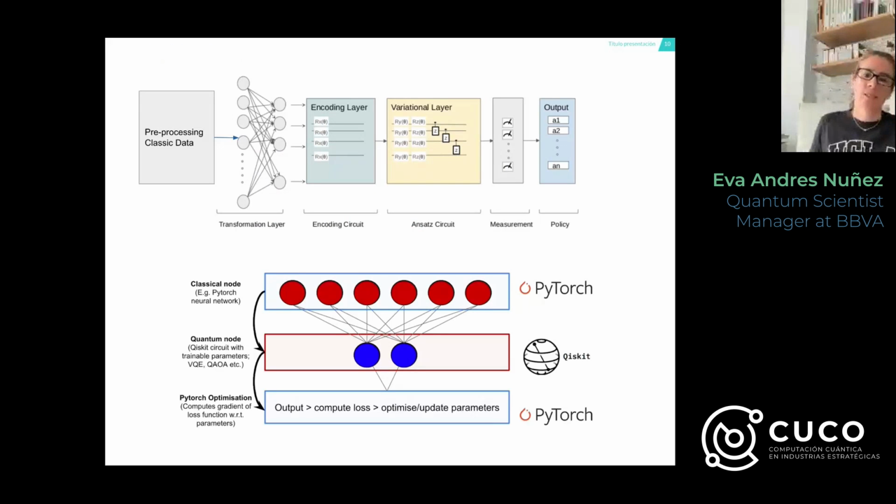Okay. So the next approach includes a classical layer, which could be in Python or in TensorFlow, to do a linear transformation in order to reduce the dimensionality of the problem. For example, in the same problem, we are working with 20 features and we feel more comfortable using 10 qubits instead of 20 qubits.